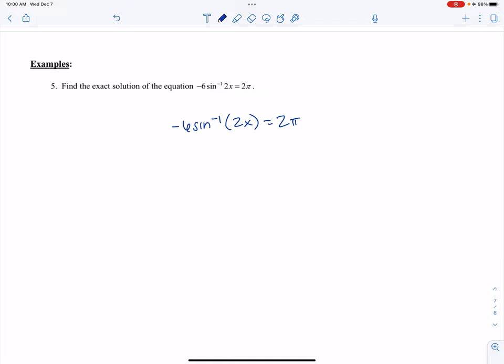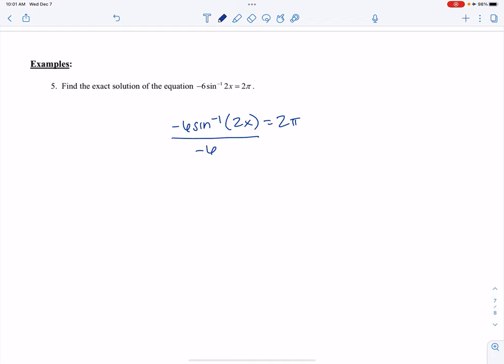And what I want to do first is isolate the trig function, because once I have a trig function with nothing being added to it, nothing being multiplied to it, just that trig function, I can start undoing it with my inverse trig functions. So I have a -6 times that sine inverse, so I'm going to divide that away first.